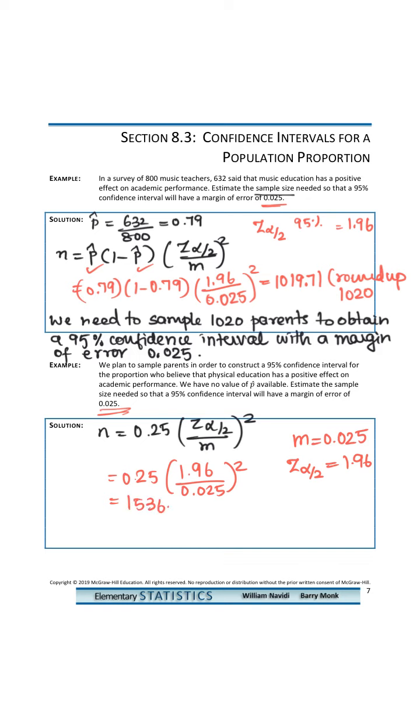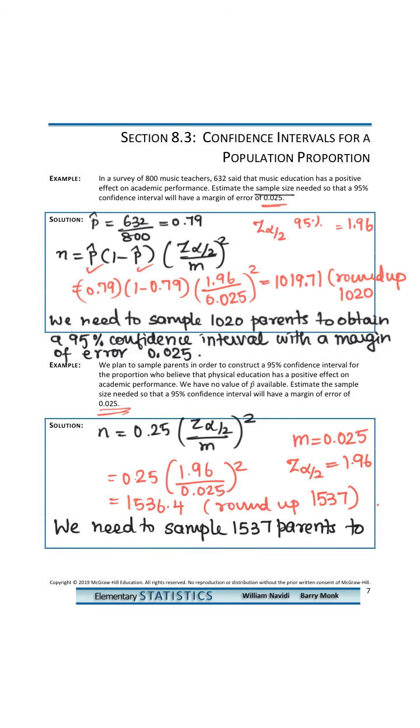Then round up. So we need to sample 1537 parents to obtain a 95% confidence interval with a margin of error 0.025.